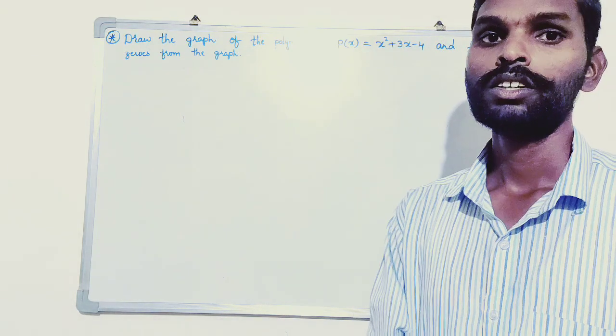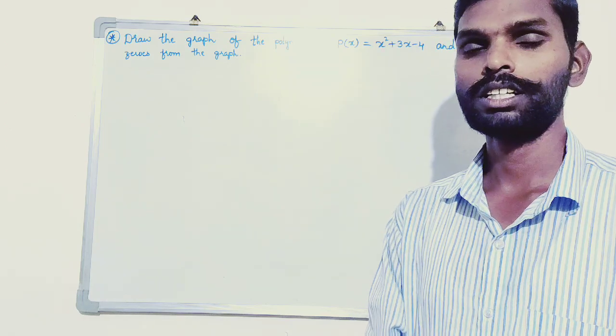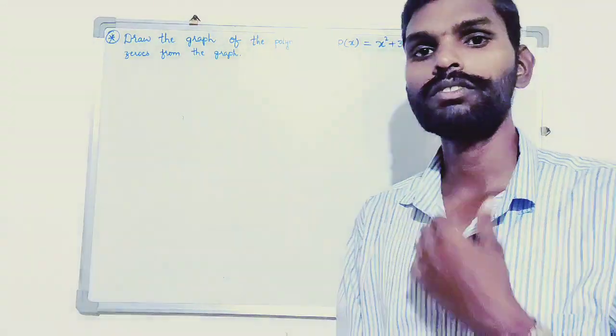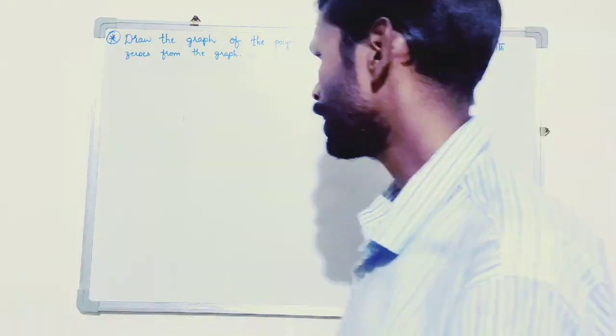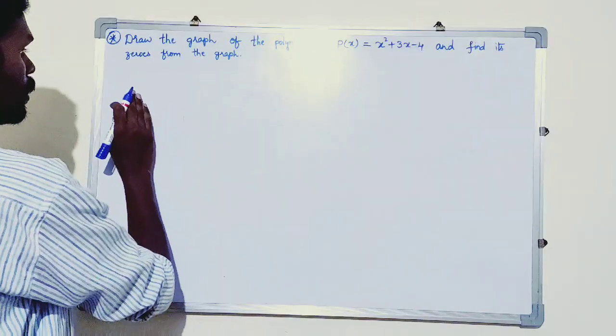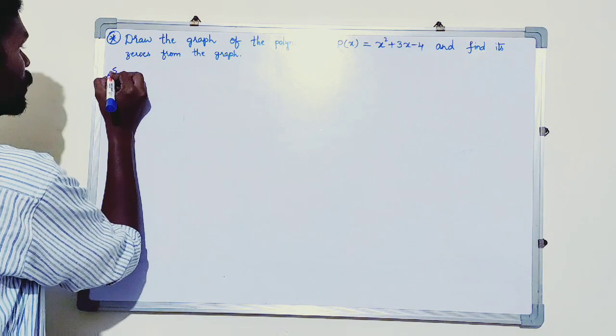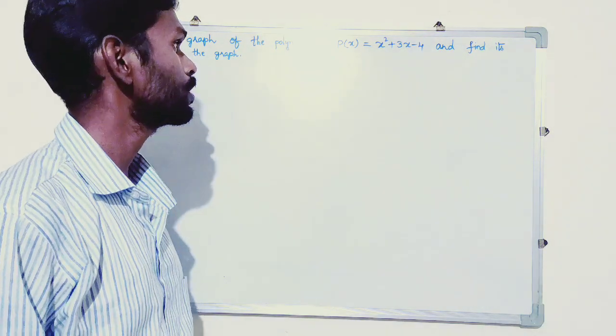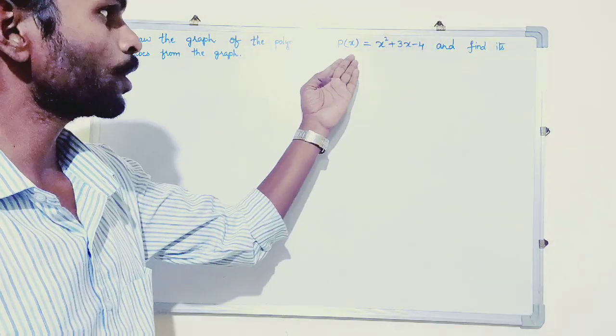Let us see. First thing I'll generally say, for any problem you need to write the given data. So write down the given data first. What is the information given to us in this problem? He gave the p of x value.